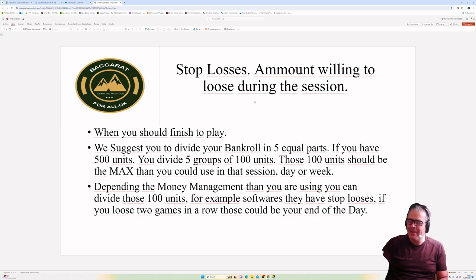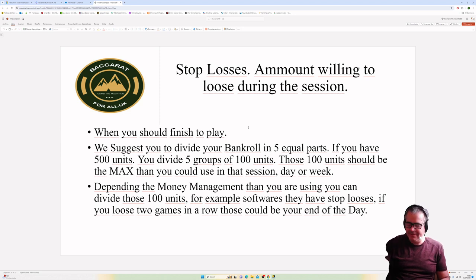When you are unlucky, you cannot win. So when the banker is not hitting, it's not hitting. So the best way is to stop, come back the next day and do it better. You can change your stop loss. Say you can have 50% of your bankroll and you go to play.